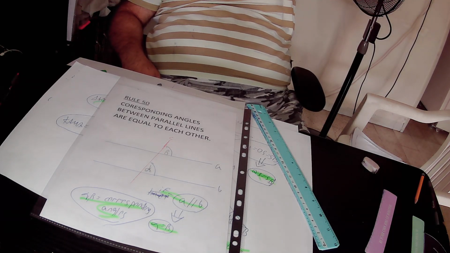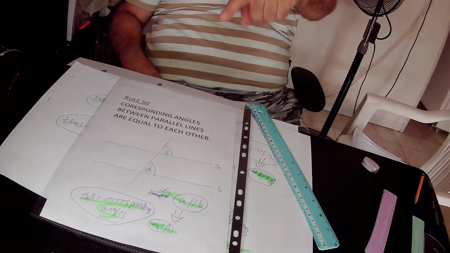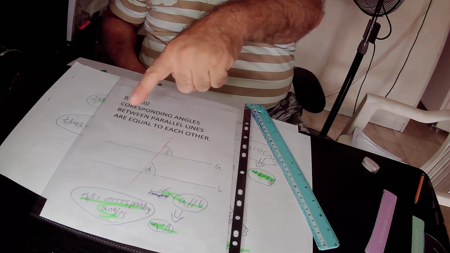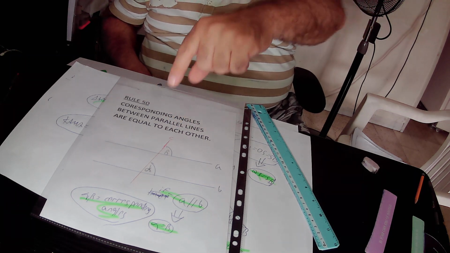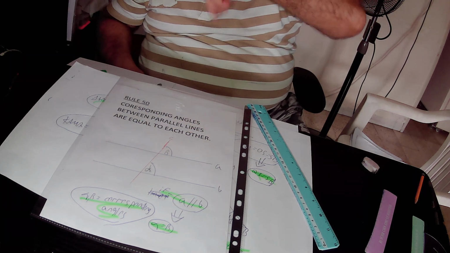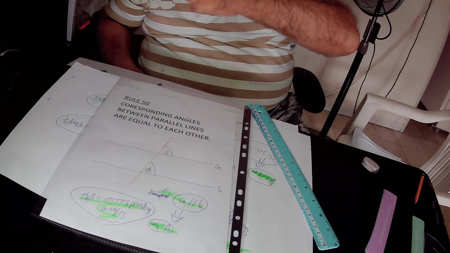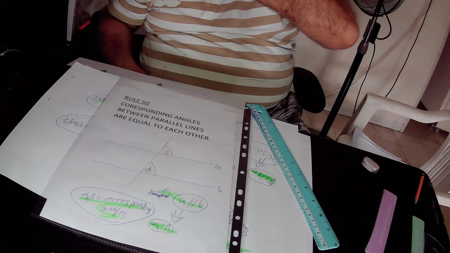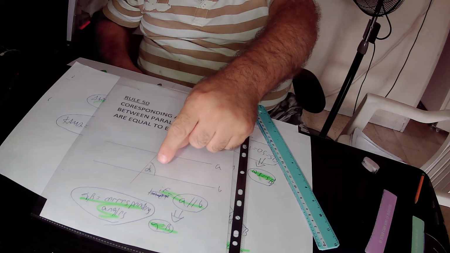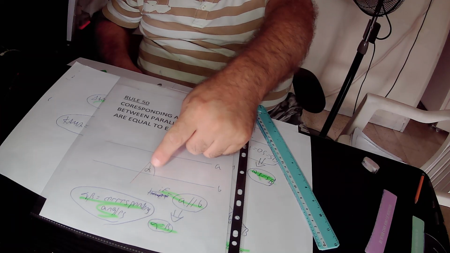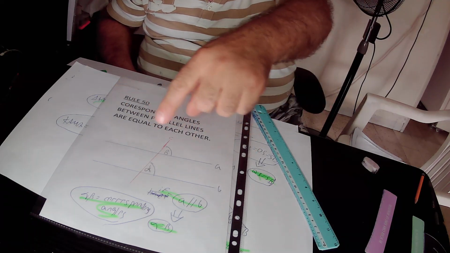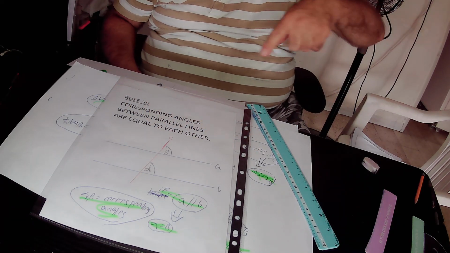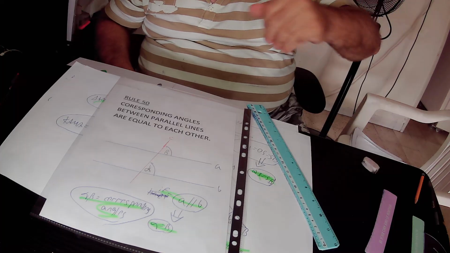In the drawing, we have line A that is parallel to line B. The red line C cuts the two parallel lines at those two points, and according to rule 50, those two angles are defined as corresponding angles, and because they are located between the parallel lines A and B, they must be equal to each other in size. That is to say, alpha equals beta.